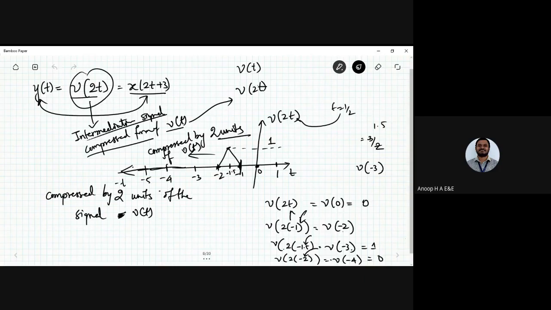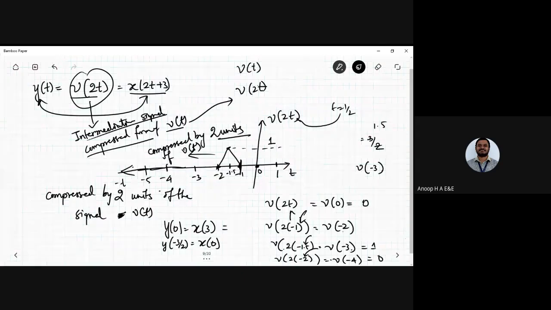I have sketched two signals here, so you need to verify the signal that is being written, that is y of 0 equals x of 3. What is the value? Now, what is the value of y of 0? Verification has to be done. Y of 0 equals x of 3.